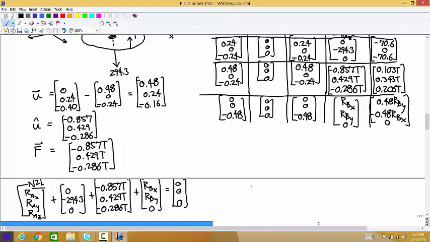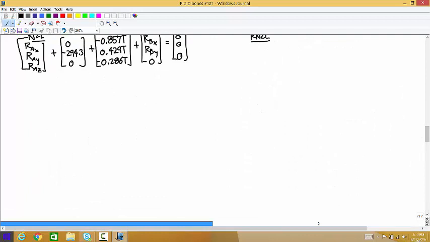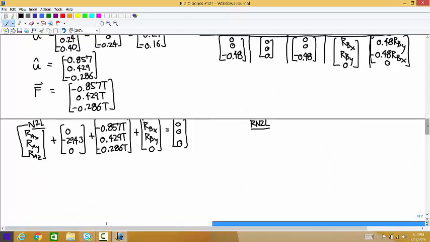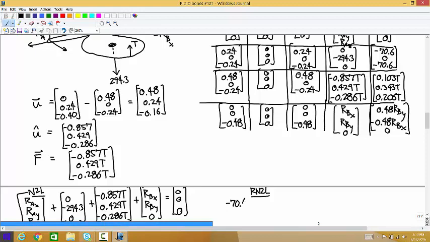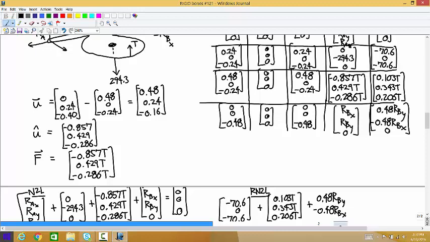And the rotational equation says negative 70.6, 0, negative 70.6, plus 0.103T, 0.343T, 0.206T, plus 0.48 RBY, negative 0.48 RBX, 0, is equal to zeros.